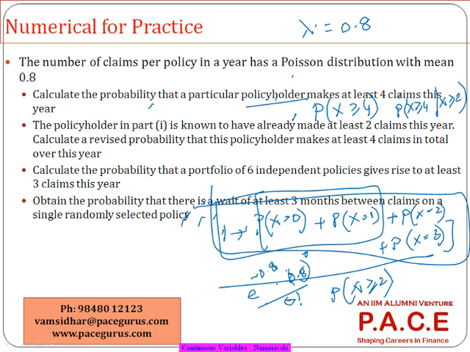Given that he has already claimed 2, I should not consider the probabilities for that. It goes as a conditional probability distribution for us.